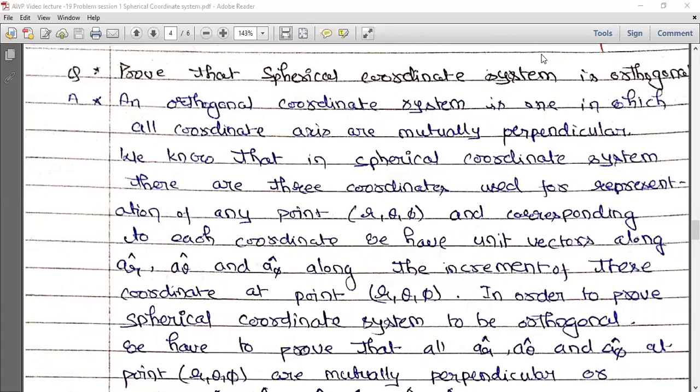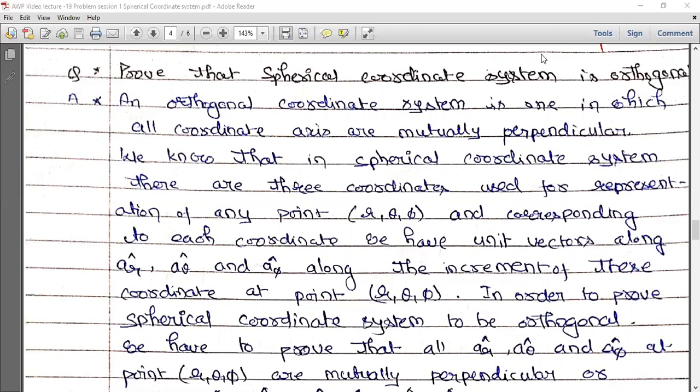One example of an orthogonal coordinate system is the rectangular coordinate system, in which we have the x-axis, y-axis and z-axis, with unit vectors ax cap, ay cap and az cap, and they are all mutually perpendicular to each other. Similarly, we have to prove that the spherical coordinate system is also an orthogonal coordinate system.